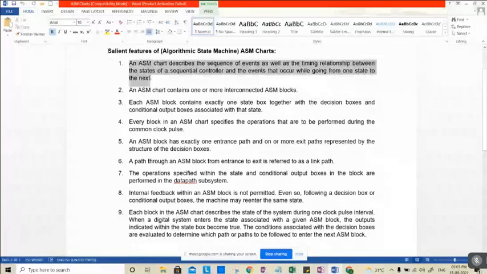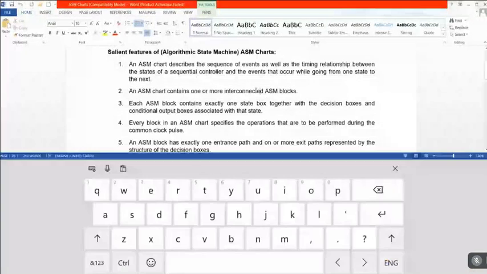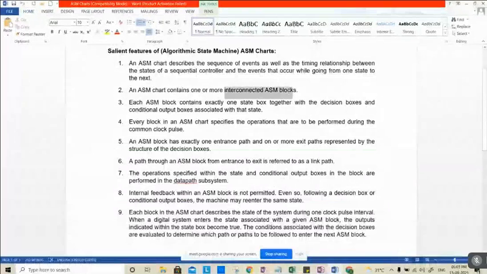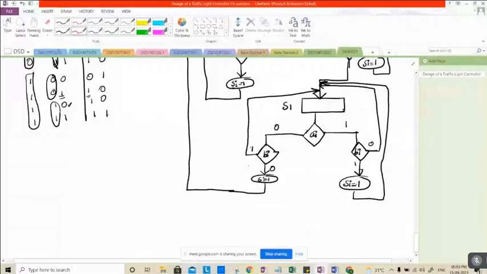Now an ASM chart contains one or more interconnected ASM blocks. What are these interconnected ASM blocks? Each ASM block consists of one state box, decision box, and conditional output box.